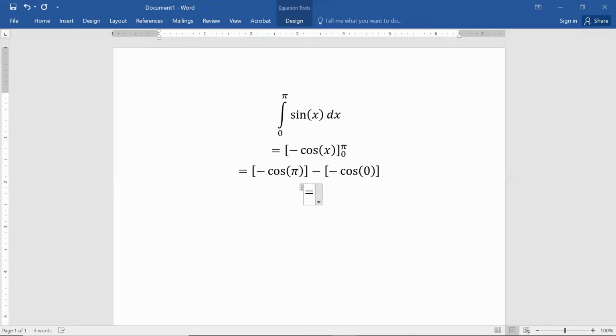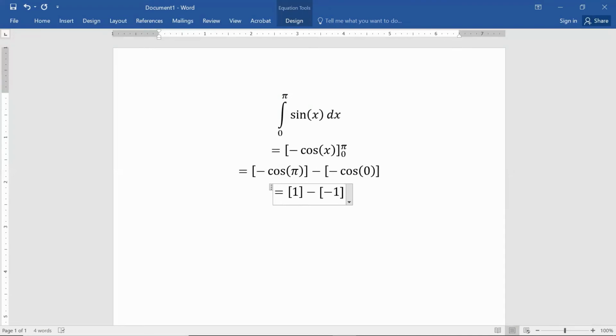If you do negative cosine of pi, what you'll get is a positive 1. It's basically negative of negative 1. Cosine of 0 is 1, so we're going to subtract, and this here is a negative, so we're going to subtract a negative 1.